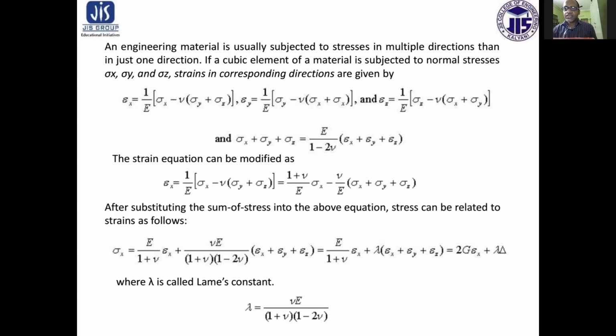So ultimately this equation can be rewritten as sigma x equals E by (1 plus nu) into Ex plus lambda into (Ex plus Ey plus Ez), where lambda is known as Lame's constant, that is lambda equals nu E divided by (1 plus nu)(1 minus 2 nu).